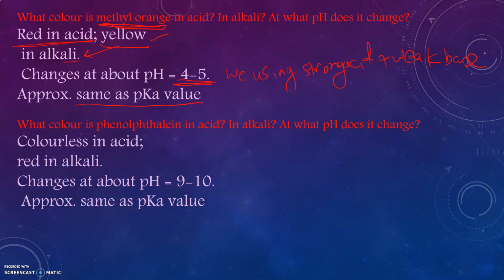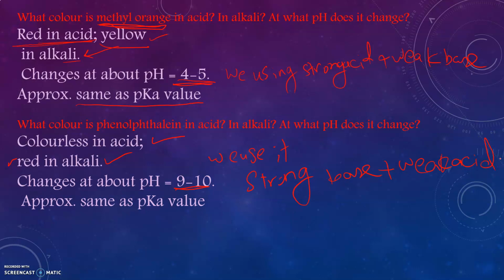For phenolphthalein, it's colorless in acid and red in alkali. The change that phenolphthalein makes in the pH of the solution in titration is between 9 and 10. That's why we use it when we're using strong base plus weak acid.